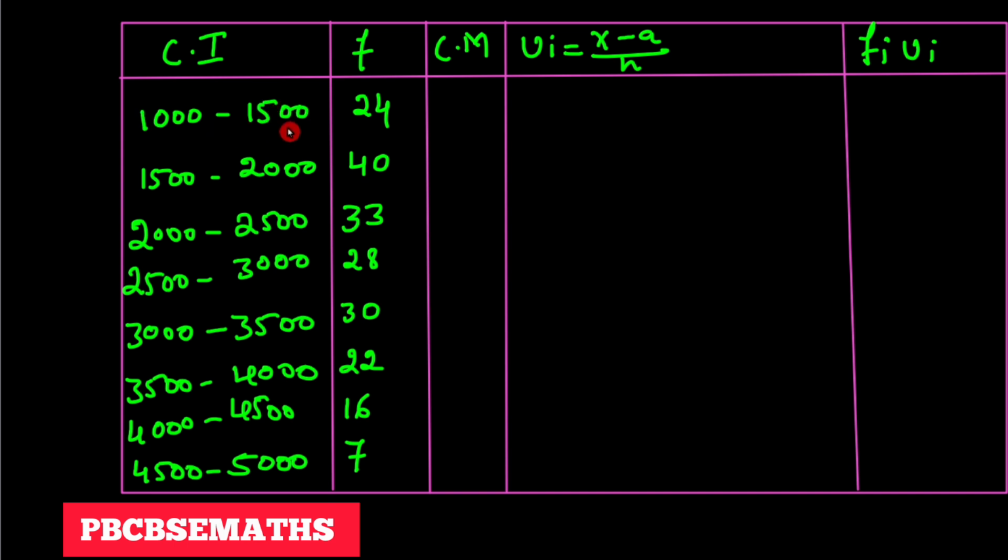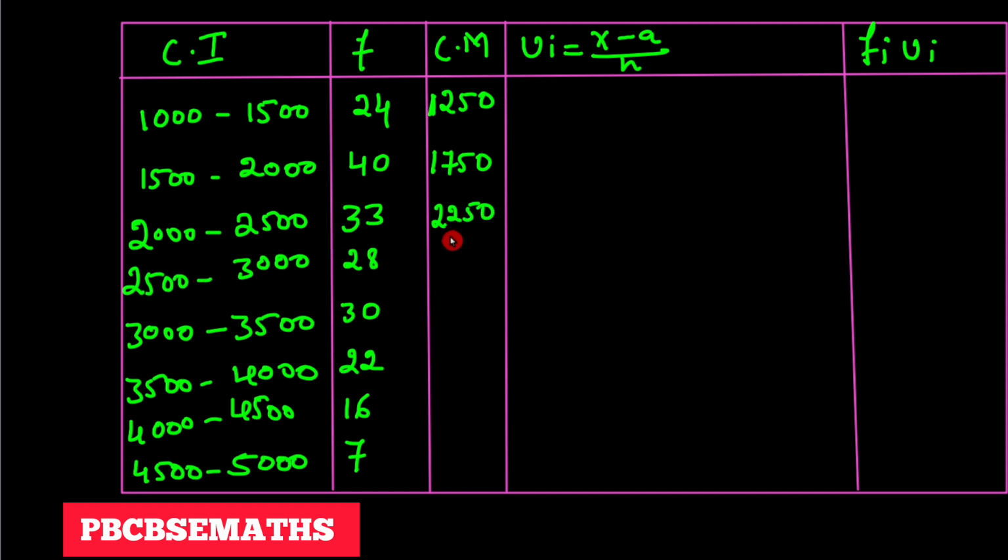So this 1000 plus 1500, that is 2500, divided by 2, that is 1250. Here 1500 plus 2000 gives us 3500. Half of that is 1750. In the same way, 2000 plus 2500, which gives us 2250.